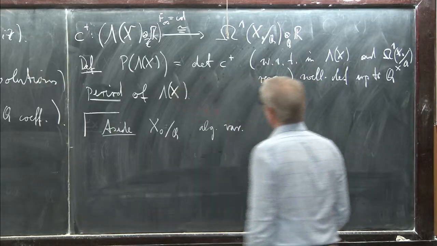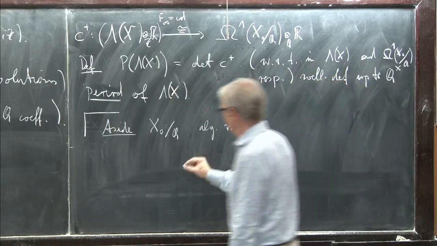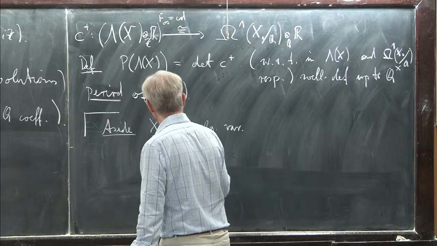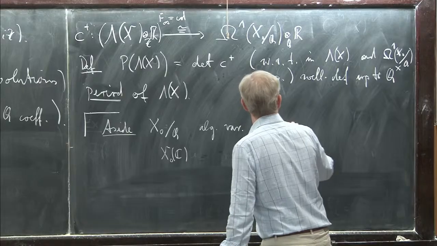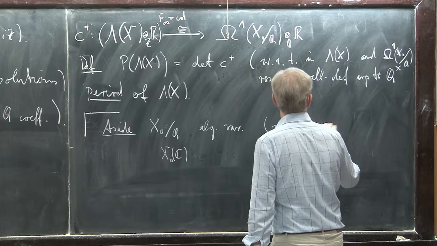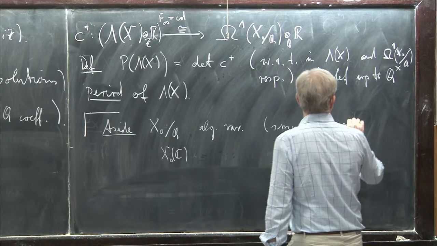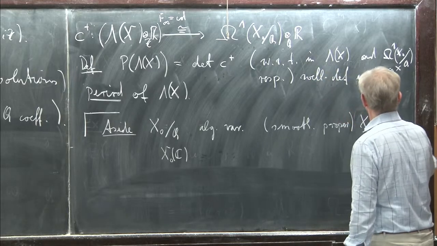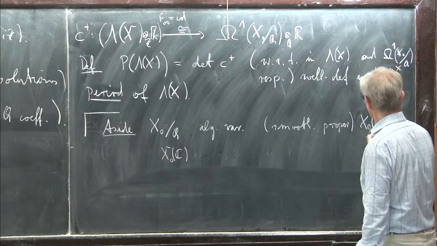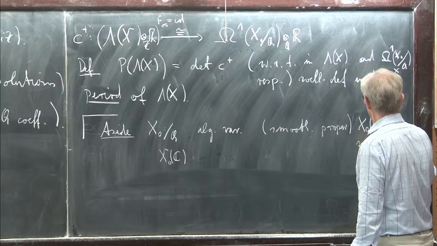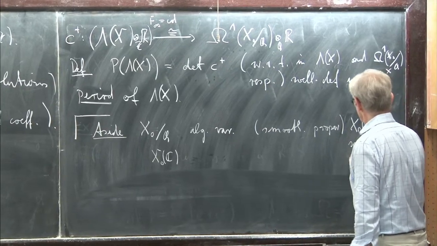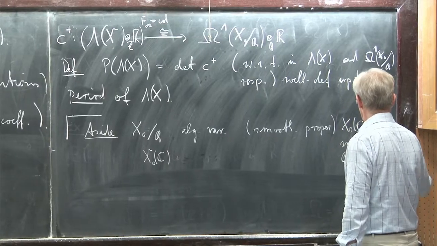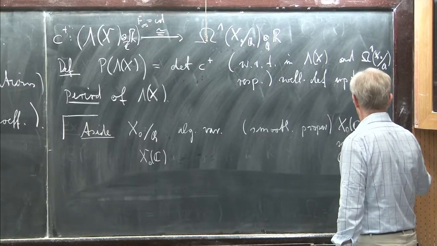The point is then that if I look at the associated complex variety, suppose this is really smooth and proper, then the solution space of X0 is a smooth compact complex variety, a complex manifold.